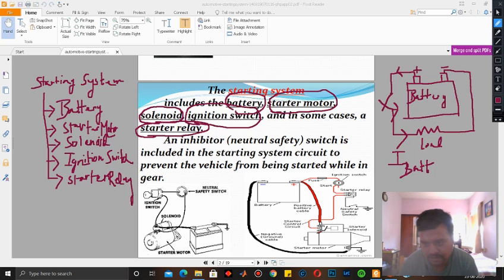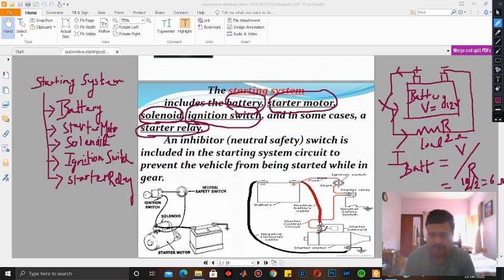So what will be the value of the current? Let us say the voltage of the battery is V, and the resistance of the load is R. Then the current of the battery IBATT will be given by V by R. Let us say V is 12 volt and R is 2 ohm, then it is 12 by 2, that is equal to 6 amperes.